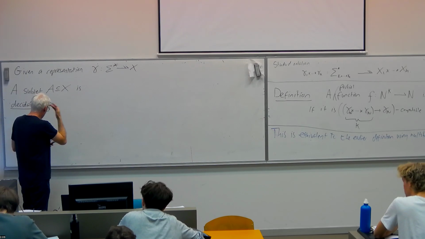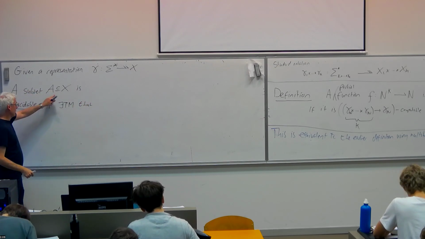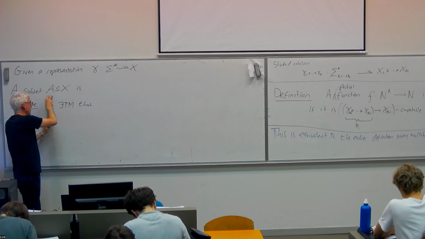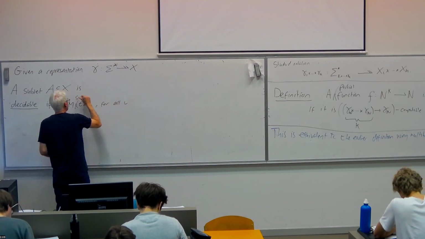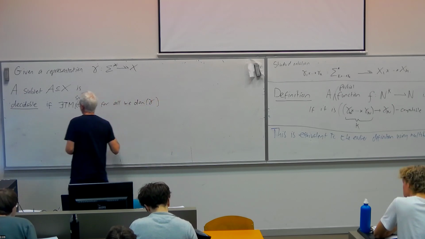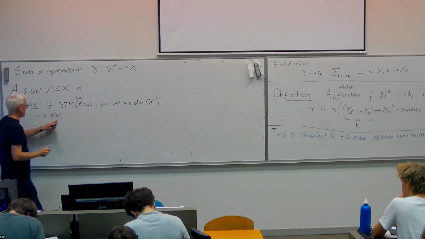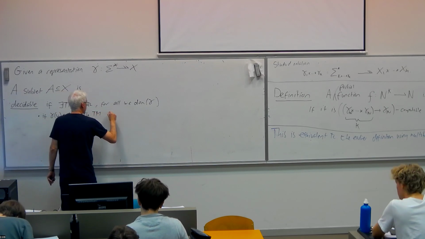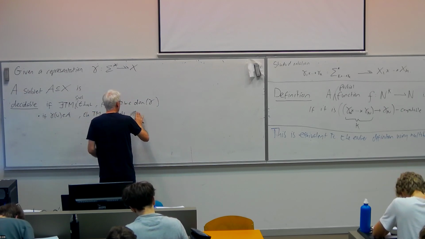So what we require is that there exists a Turing machine that for any word that represents an element of X, and it's important we quantify over all words here, decides whether or not they belong to A. So for all words representing elements of X, that's for all words in the domain of the representation: if the element represented by W belongs to A, the TM accepts, so halts in the accept state when given W as input.